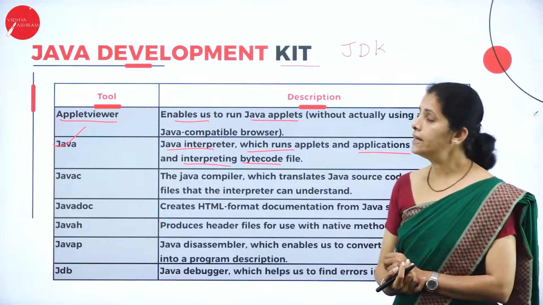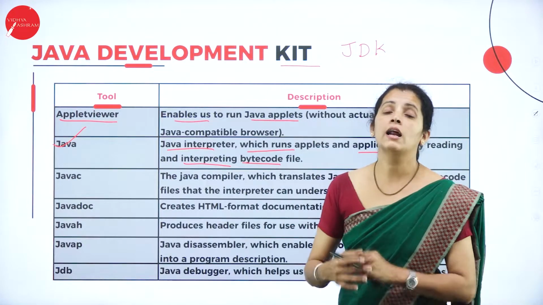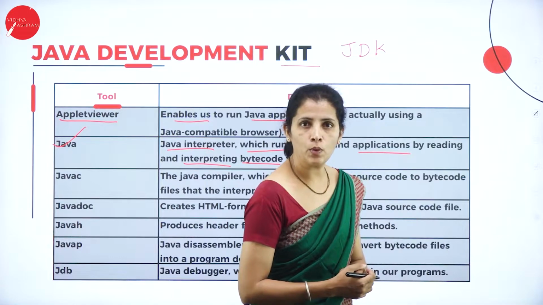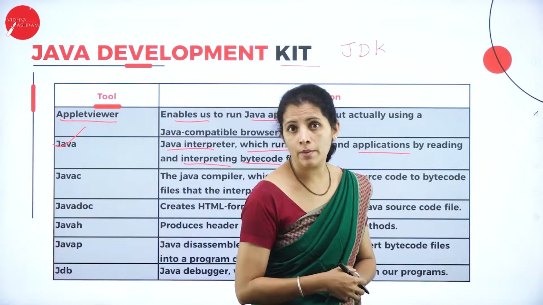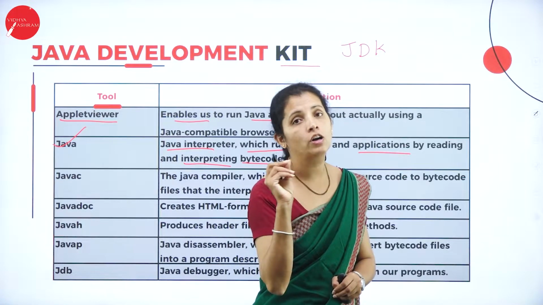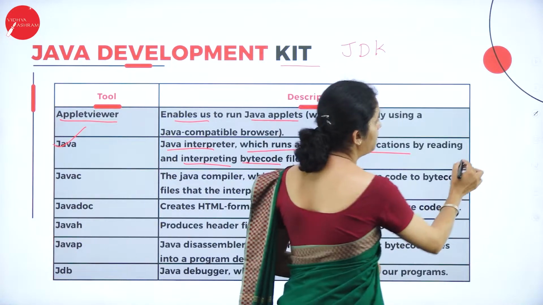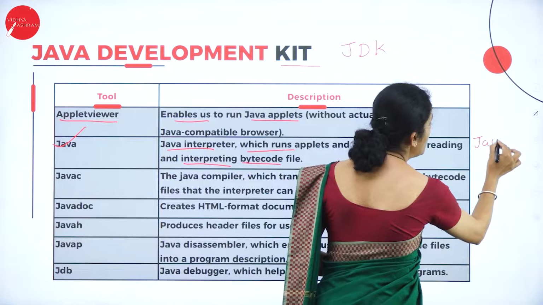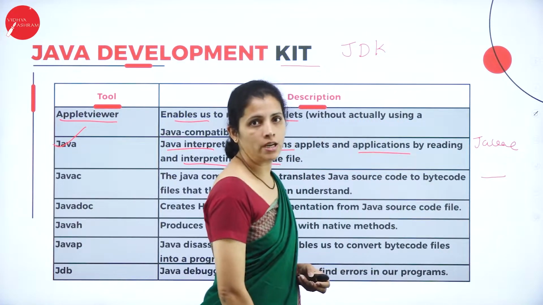Dear student, think that I am going to write a Java program. Now how am I going to save the Java program? That is with the extension .java. While compiling, I am going to compile with javac filename.java.